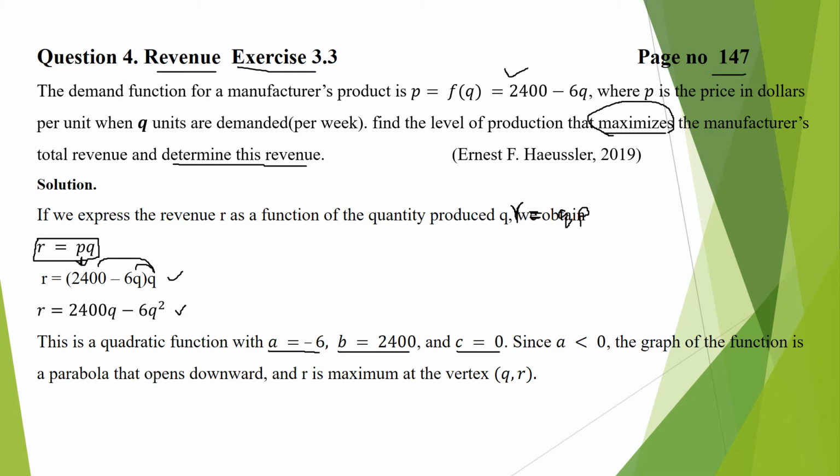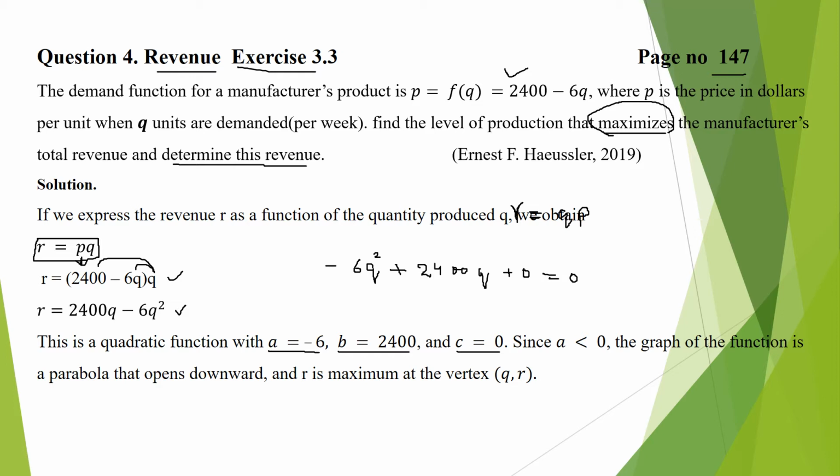If you see this equation, it is -6q² + 2400q + 0 = 0, because the constant c is 0.